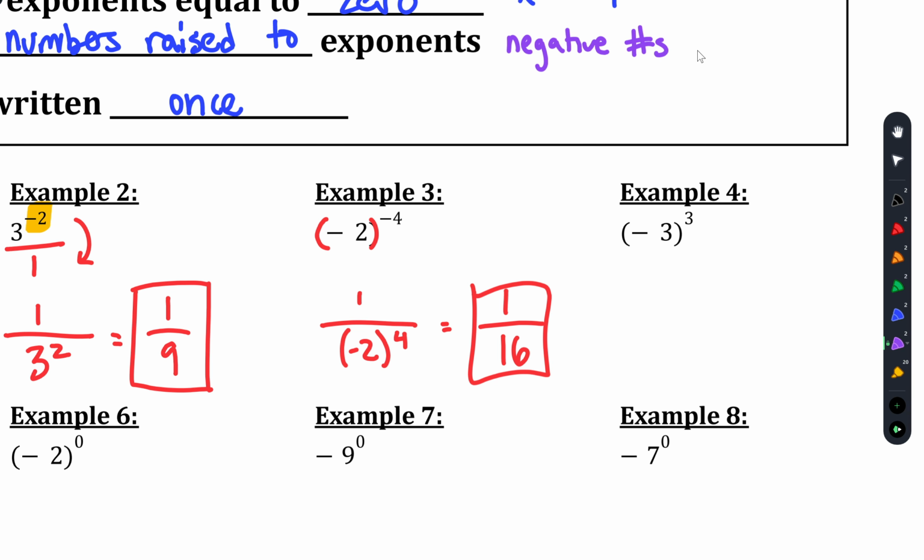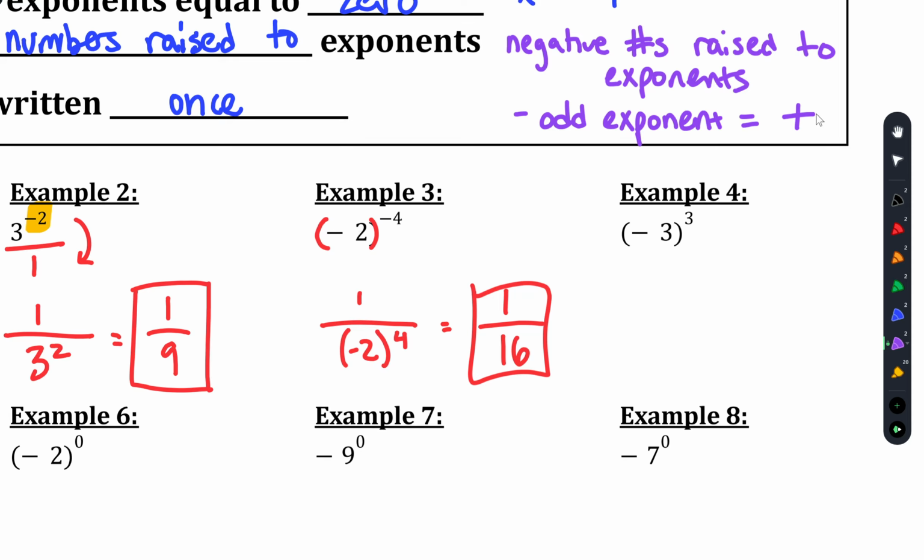Here's our rule. If my exponent is an odd number, so 1, 3, 5, 7, etc., I'm going to get a negative answer when I simplify that. So negative 2 to the 3rd power would get me a negative 8. If I have an even exponent, I'm going to get a positive.